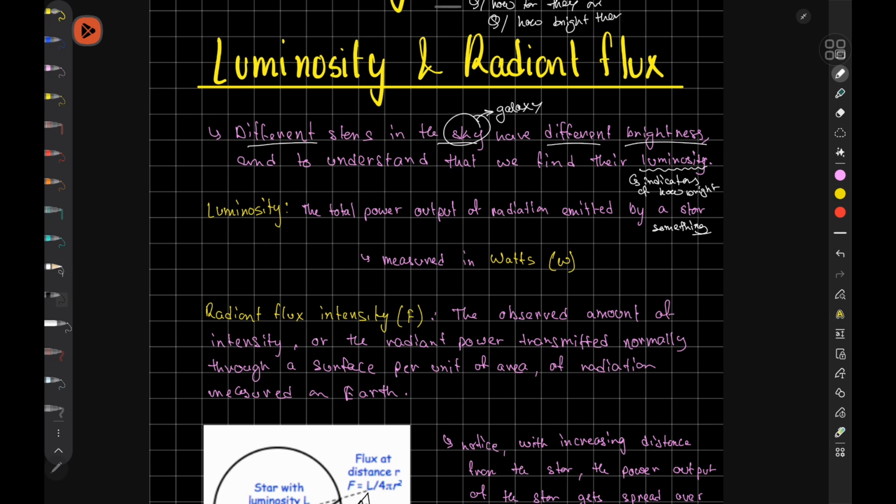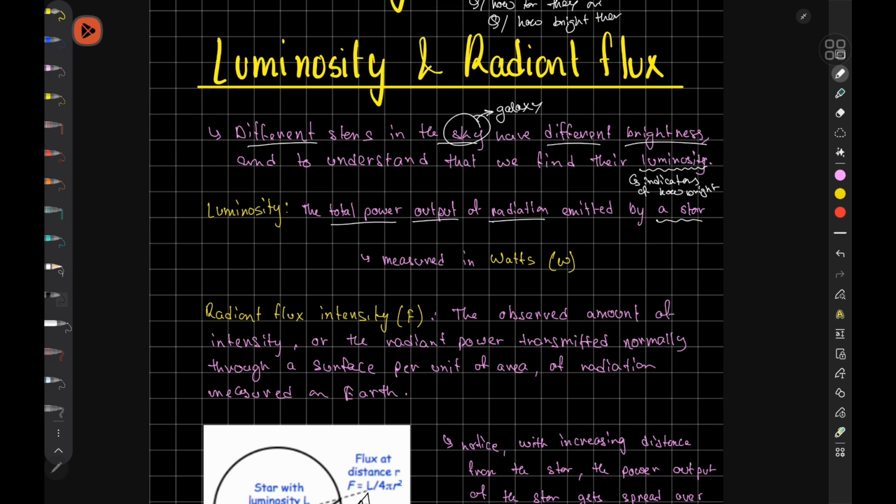As the name suggests, you probably have heard of luminosity at some point, and if you've learned about fundamental quantities, you've probably in that chapter in AS, you talk about physical quantities in general, and you must have learned about luminosity over there. If not, that's fine as well, but I remember going through this. But yes, what is luminosity defined as? Luminosity is defined as the total power output of radiation emitted by a given star.